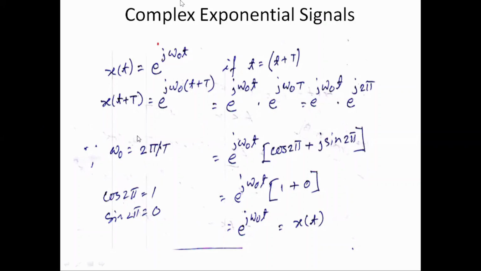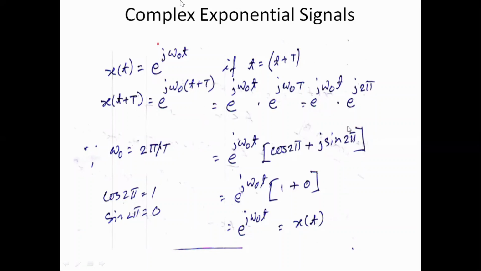So we put omega 0 as twice pi by T, and we get e to the power j of twice pi times 1 upon T times T. Capital T is eliminated, and we get e to the power j omega 0 t into e to the power j twice pi.